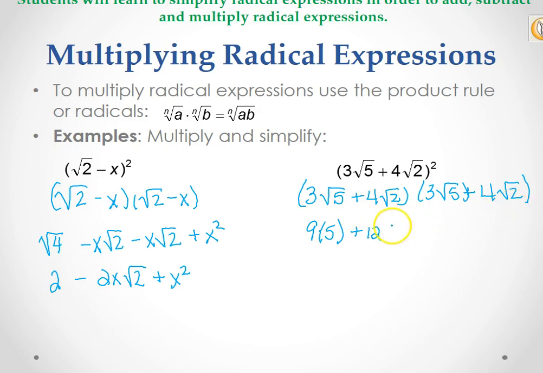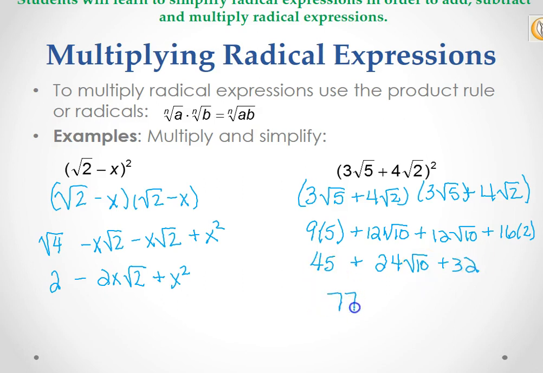The square root of 5 times the square root of 2 is the square root of 10. 4 times 3 is 12. Square root of 2, square root of 5, square root of 10. 4 times 4 is 16. The square root of 2 times the square root of 2 is the square root of 4, which is 2. So I have 45 plus 24 square roots of 10 plus 32. So that gives me 77 plus 24 square roots of 10.